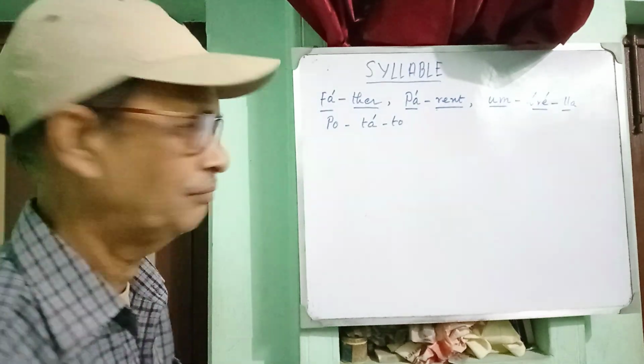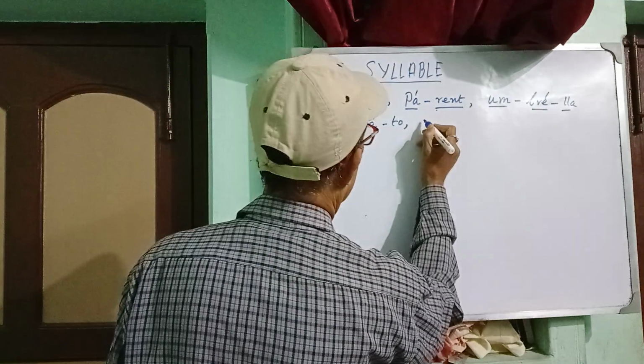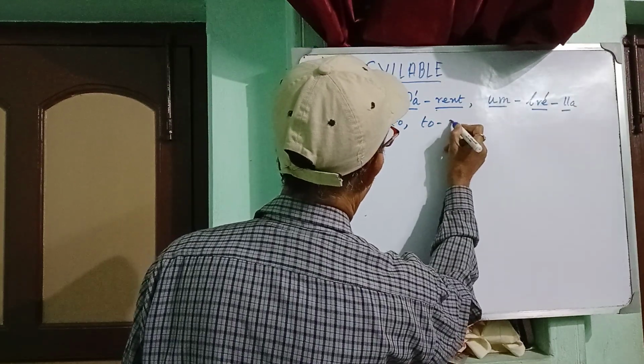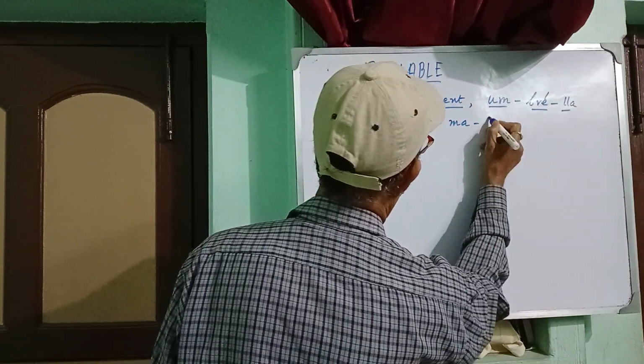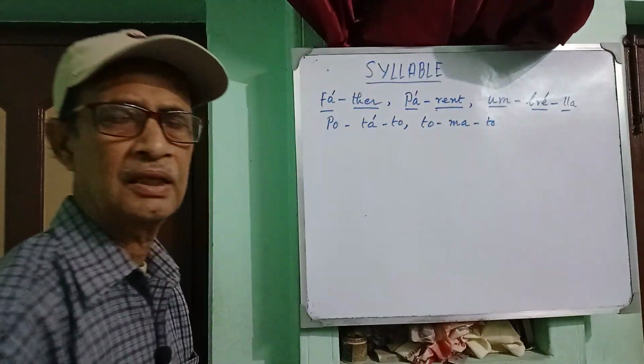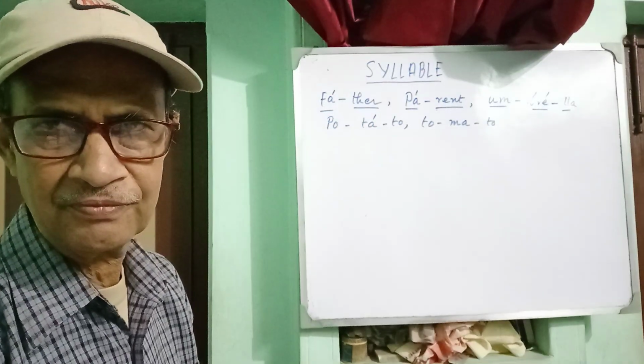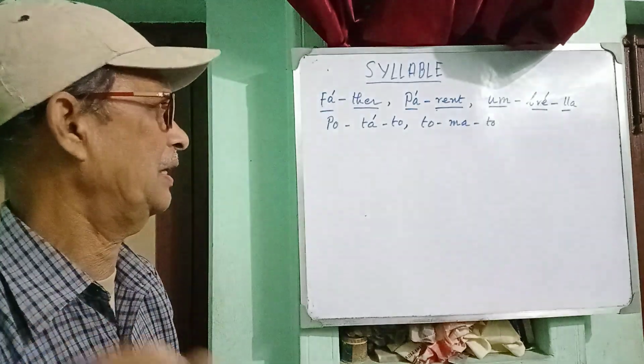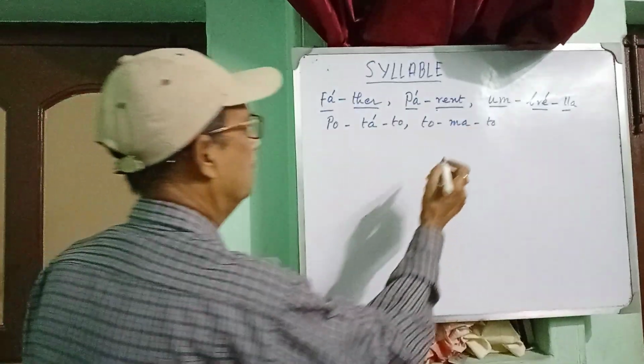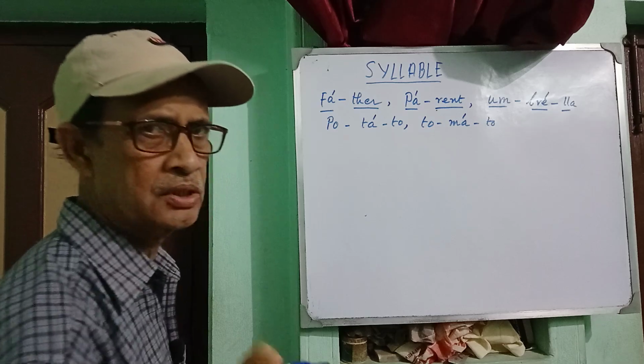Similarly, tomato. For example, tomato. Okay, there are 3 syllables and the accent should be on ma. Tomato.